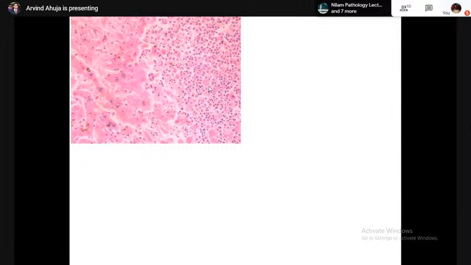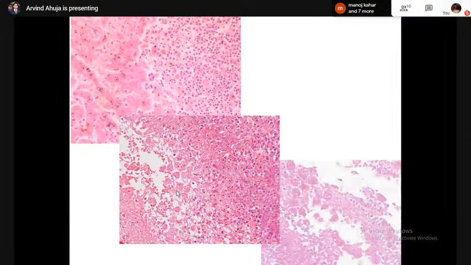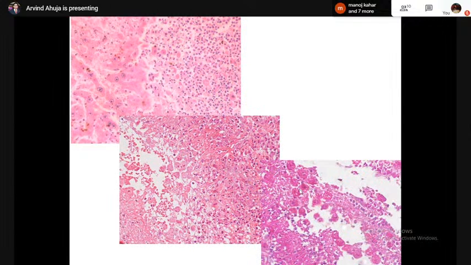When you move to slightly higher power, you can find these round organisms. Basically, these are the trophozoites. It can be better appreciated by PAS stain. So these are the trophozoites of amoeba which are present here. So it is an amoebic liver abscess, and the patient was alcoholic.